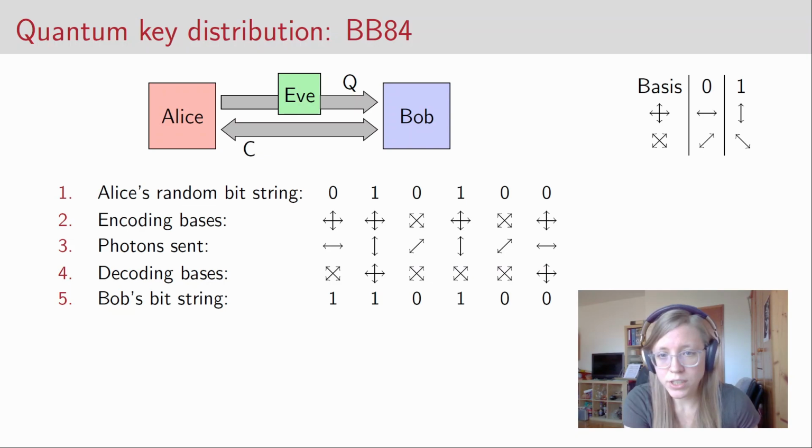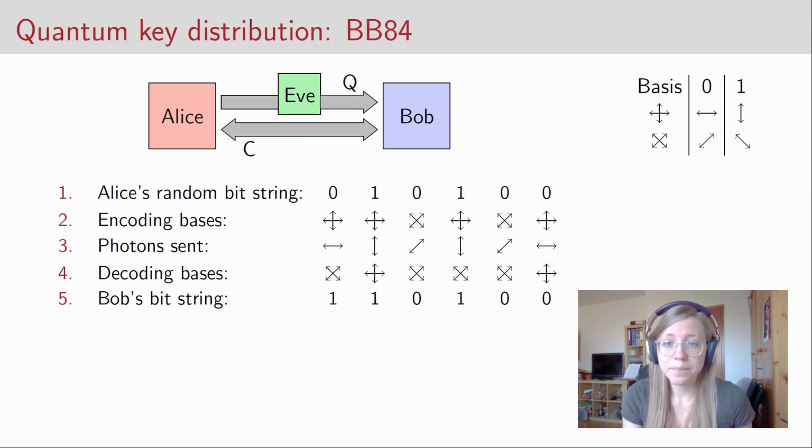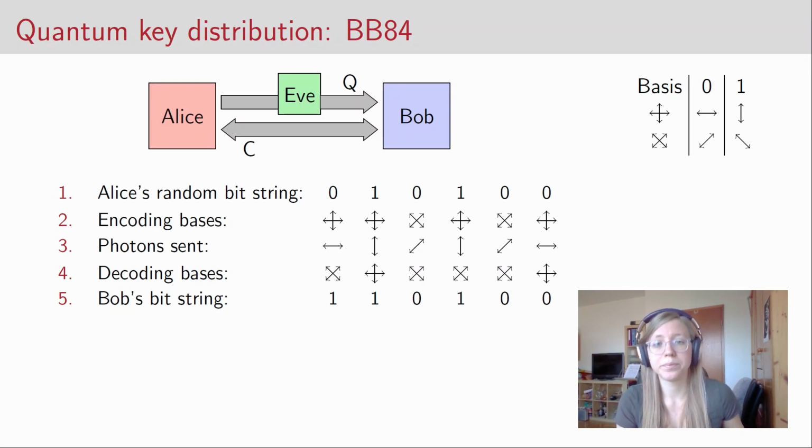Here I've just chosen one of the two possibilities. Of course, since Bob has chosen the wrong basis to measure the photon, 0 and 1 can occur with equal probability. But every time Alice and Bob have chosen the same basis, they also have the same bit as a result.